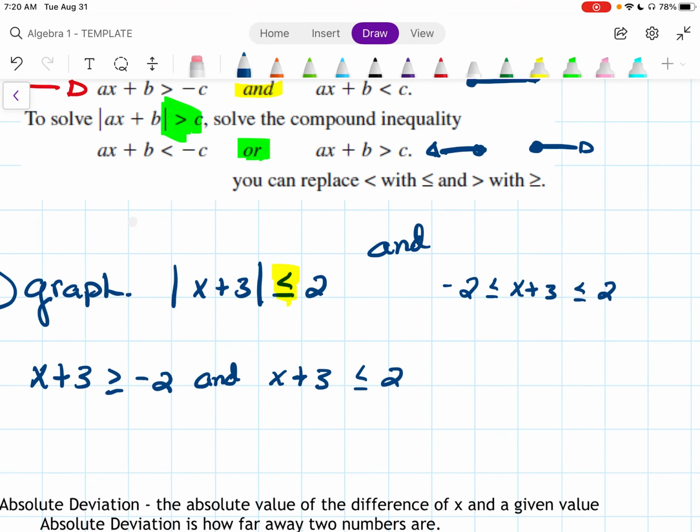You could write it as a single inequality. Looking here, this tells me the absolute value of x plus 3 is less than or equal to 2. That means it's wedged between positive 2 and negative 2 because of the way the absolute value bars work. I will normally do it this way because I think it makes more sense and it works a little bit faster.